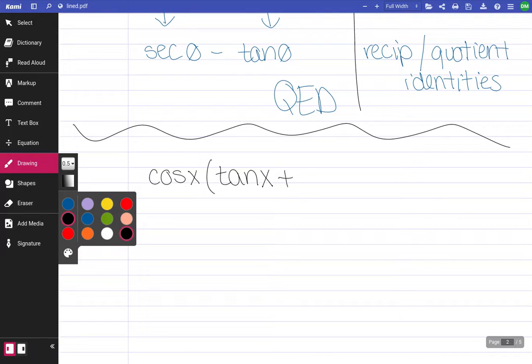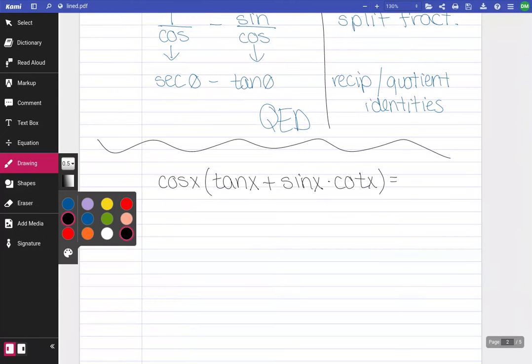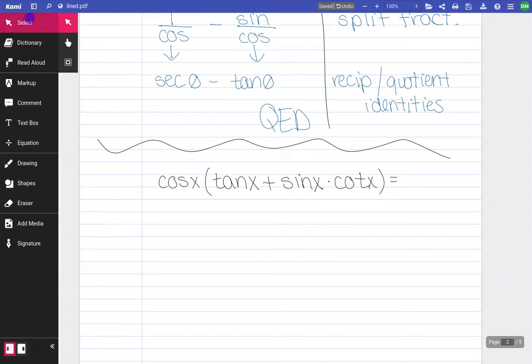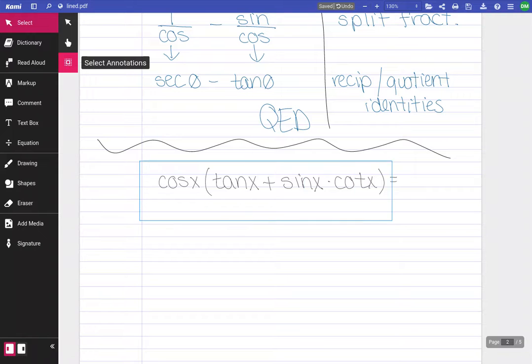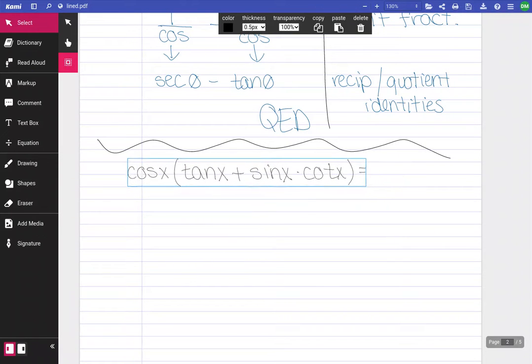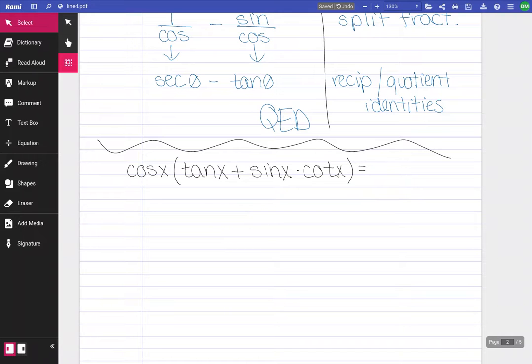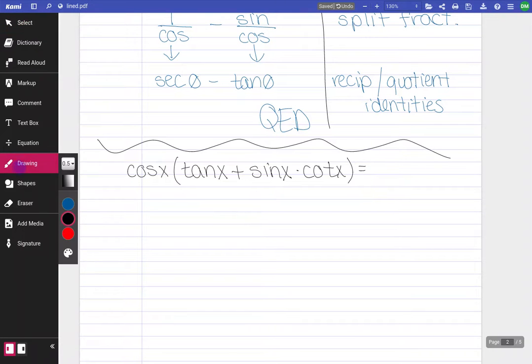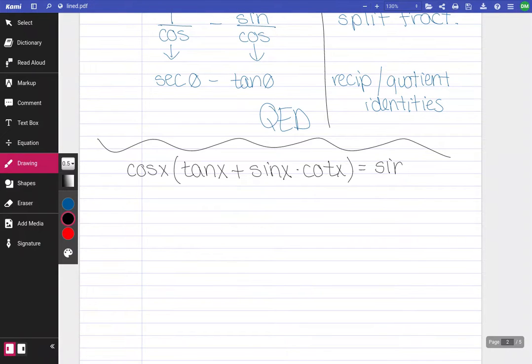So I've got cosine of x times tangent of x times sine of x times cotangent of x, and this one equals sine of x plus cosine squared of x.